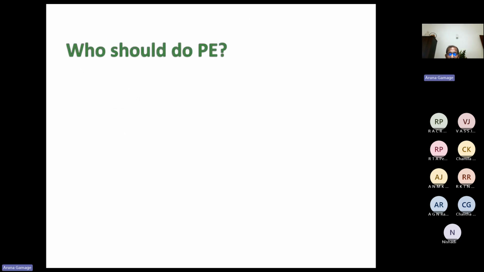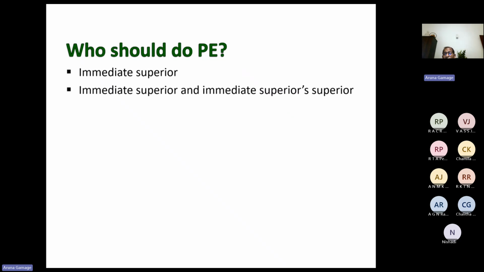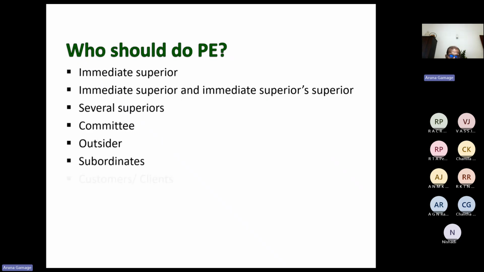Then who should do performance evaluation? There are several alternatives: immediate superior, several superiors, committee, outsider, and subordinates. Customer, client, self-evaluation, combination, etc. These are the alternatives; you can use the alternative you want.